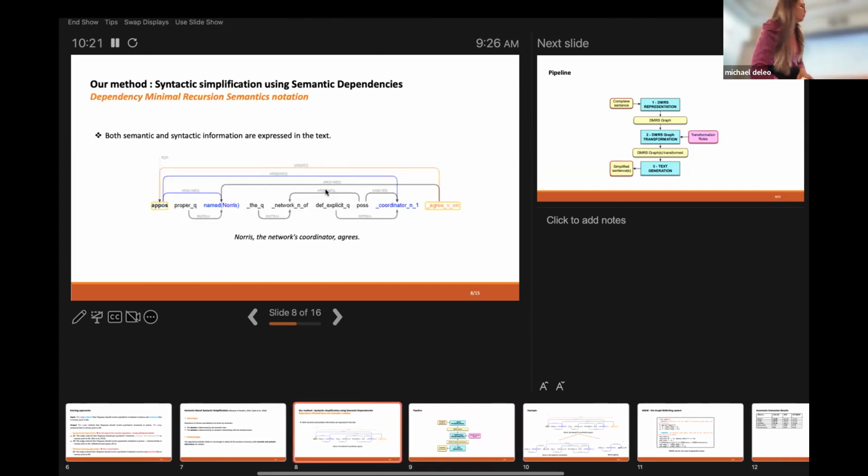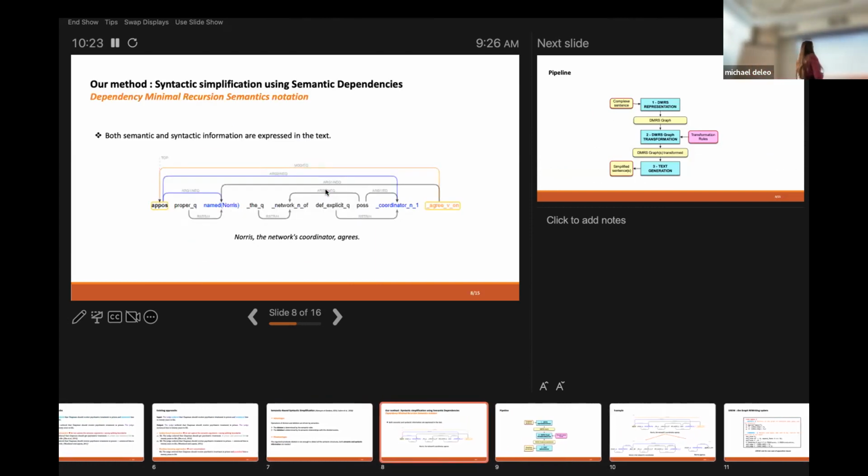So what we do, for this sentence, is create what we call the DMRS, Dependency Minimal Recursion Semantics. That is a semantic dependency representation. So we go from the sentence, we create the semantic dependency of it, and on this graph, we apply some transformation rules in order to have 2 or more subgraphs, and from these subgraphs, we do a generation step.